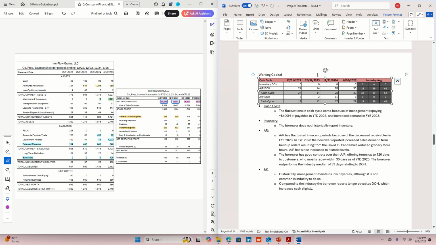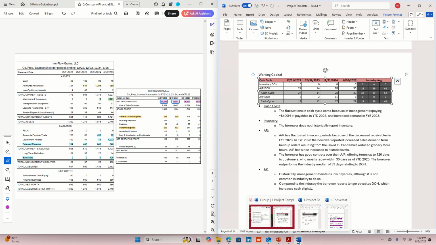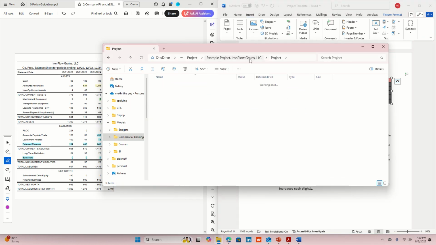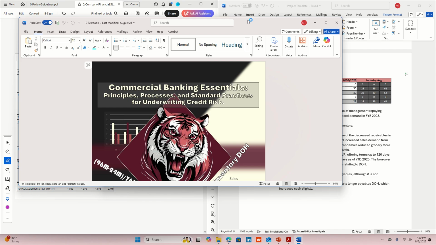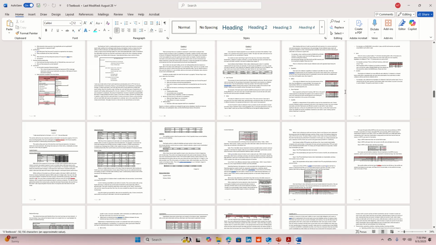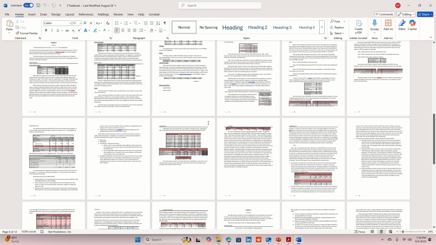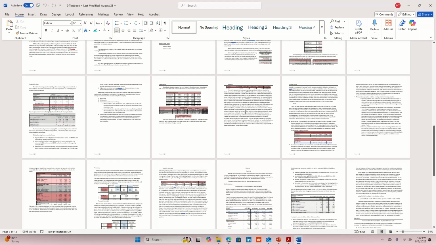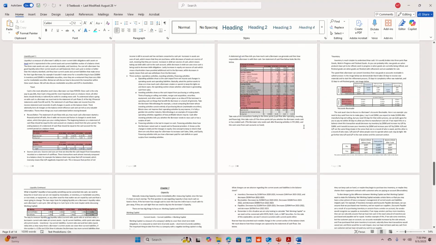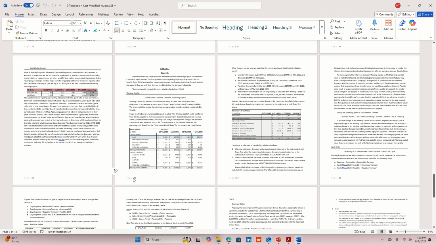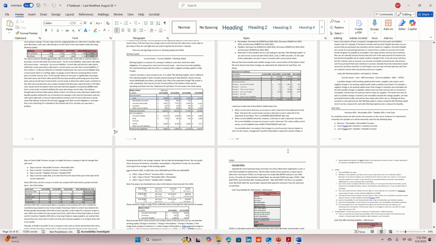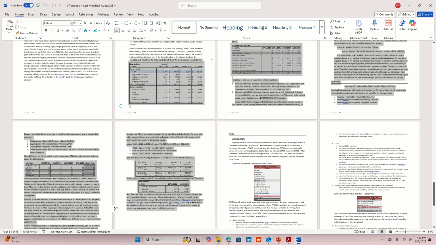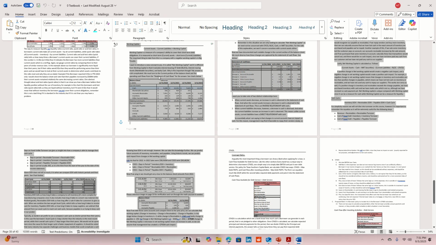Again, if you don't understand what's going on here, you need to go into the textbook and read pages 33 through 37. So that's 5 pages.